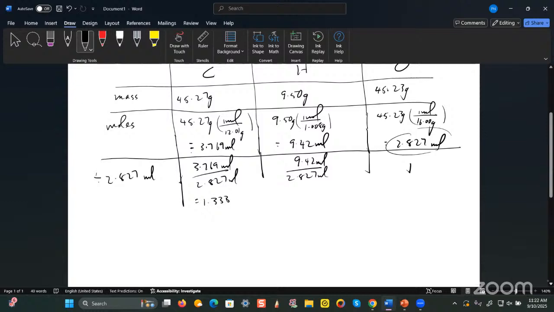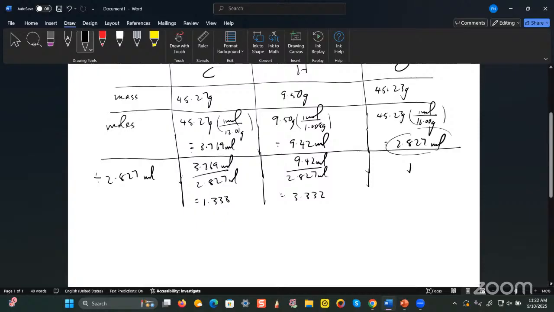In the case of hydrogen, 9.42 divided by 2.827. And I got 3.332, right?